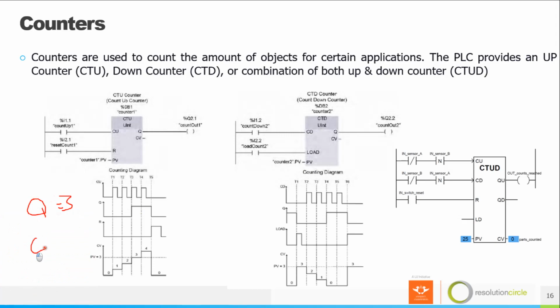Or whenever my Q is less than 3, then something must happen.